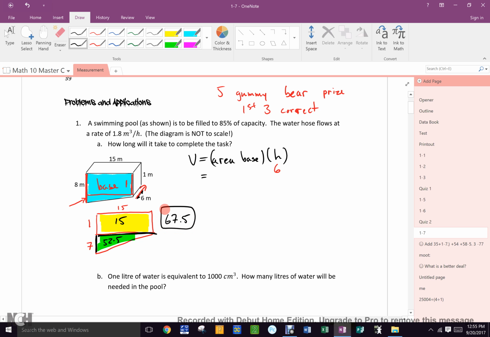Is that the area of the base? Where does it go? There. So I multiply by 6 to get 405 meters cubed. Is that the answer to the question? No. Why?